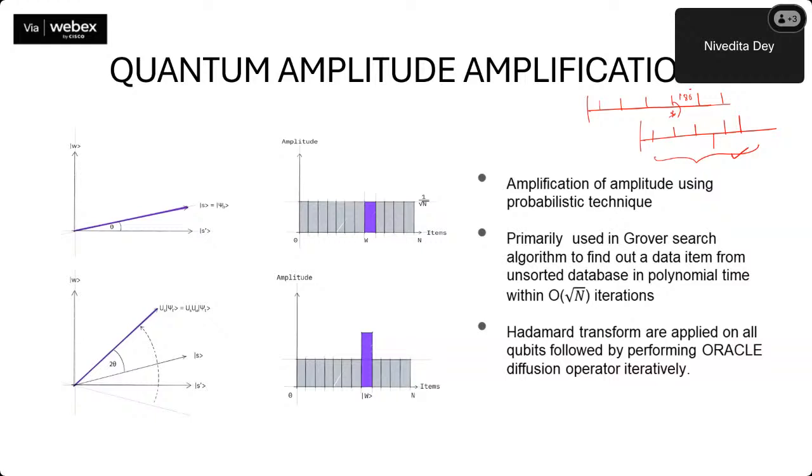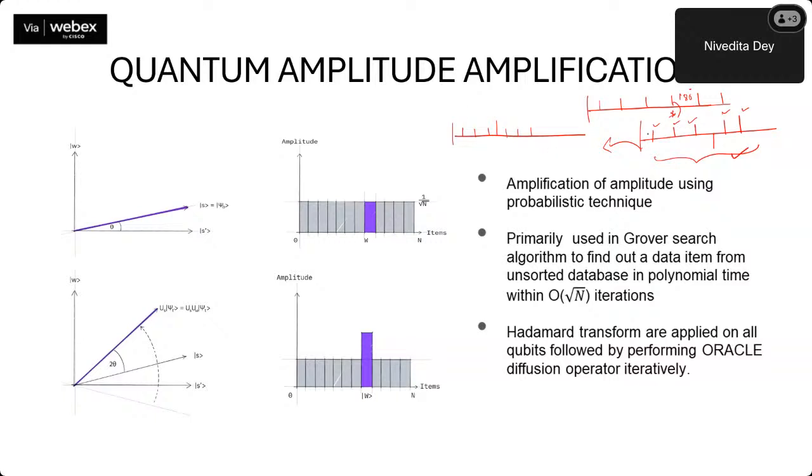Once I do that, immediately after this step, all the other vectors which are not my target vector will have their amplitudes a little diminished, and this one will go up and become this. So this is the first step.